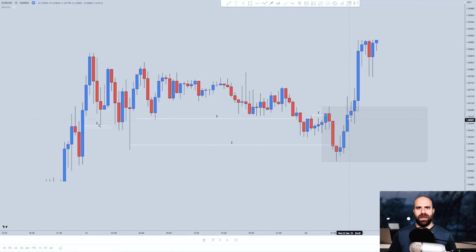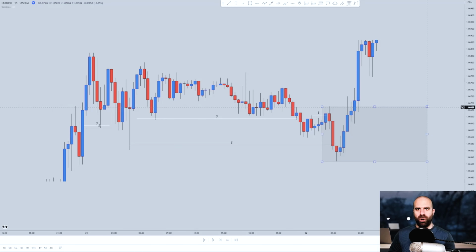You might think, Chris, it was tested by these wicks that we see right here. This is not true. It has not been tested, it has not been mitigated. When we are talking about a test, price should retrace and test it like we see right here. For example, price should now retrace and then bounce. Then we can consider that this one is a tested order block.